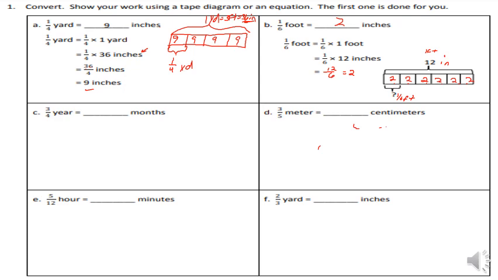On C, we're going to set up our tape diagram. It says 3/4, so we're splitting it into quarters, and we're looking at 3/4 of a year. So 3/4 of a year means the top is 1 year. They want this in months, and we know that's 12 months.